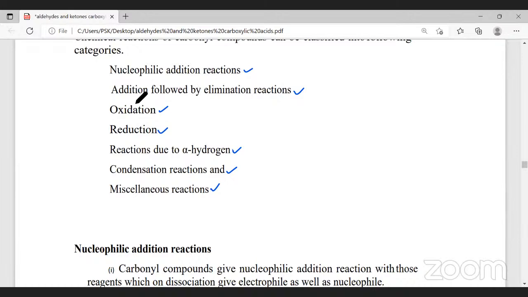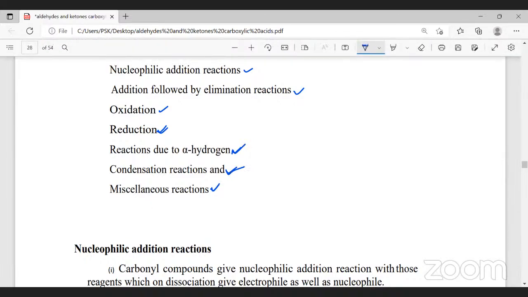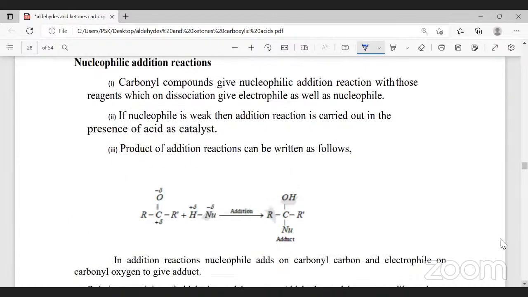This addition followed by elimination reaction also can be called condensation reaction. Oxidation reactions, reduction reactions, not redox. These are the reactions which aldehydes and ketones or the carbonyl compounds can undergo.